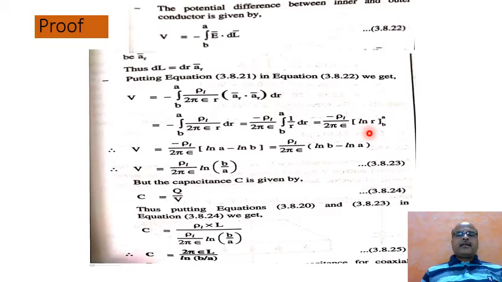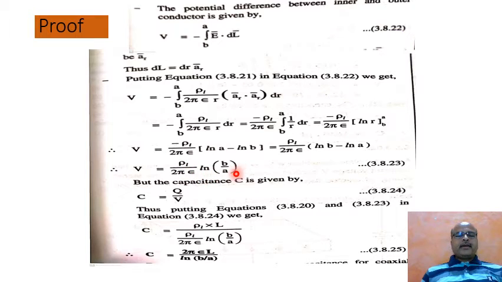Solve that integral and put in the limits, and we get minus rho L upon 2 pi epsilon times ln a minus ln b. If we multiply by the negative sign, this becomes rho L upon 2 pi epsilon times ln b minus ln a. That is, the negative term becomes positive and minus ln a as mentioned here.